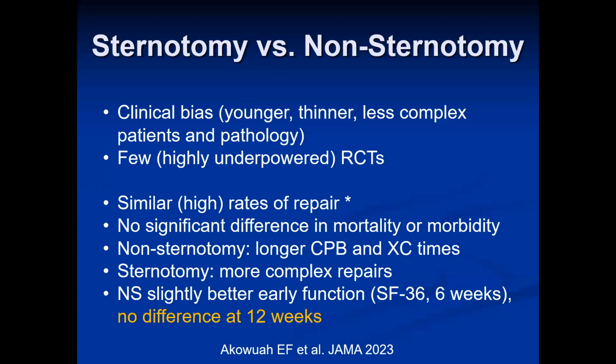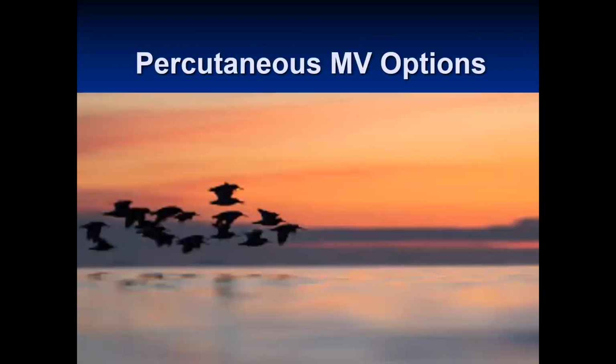There is no question that bypass times and cross-clamp times are longer for non-sternotomy approaches. With sternotomy, usually the patients have more complicated repairs, and you see an early non-significant improvement in quality of life that has gone by 3 months. So there might be an early benefit, and perhaps subsets of the population we have yet to identify.